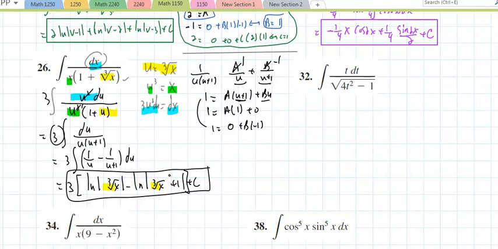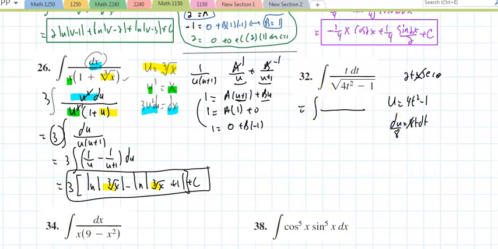When I get to this problem, I could really not pay attention and jump straight to the trick substitution and let 2t equal the secant of theta, but it would be wise to try a u sub first. If I let u equal 4t squared minus 1, du is 8t dt, divide by 8 both sides, that'll do the trick.